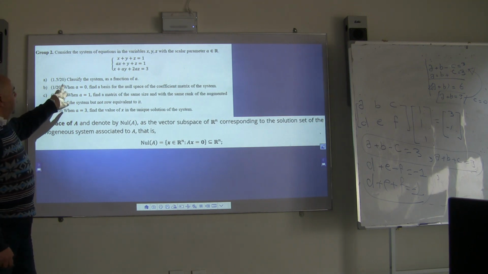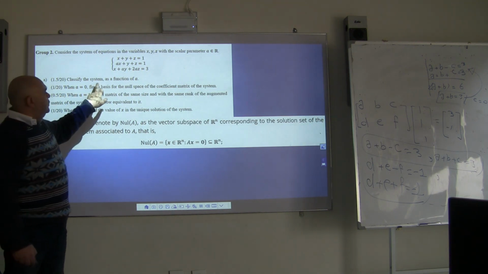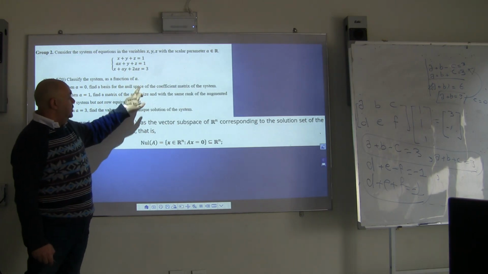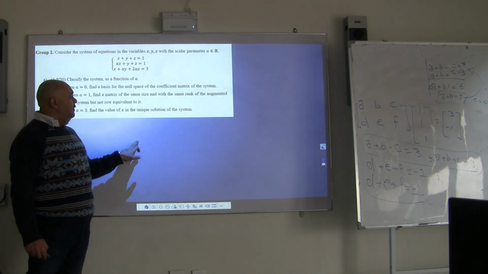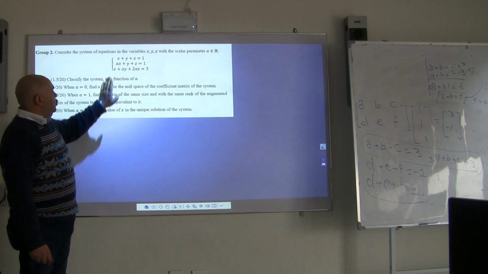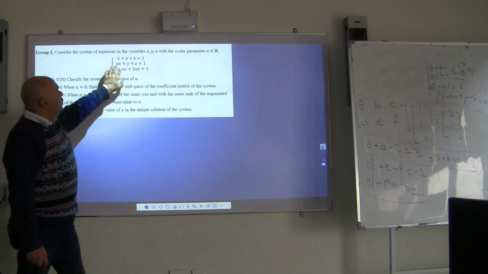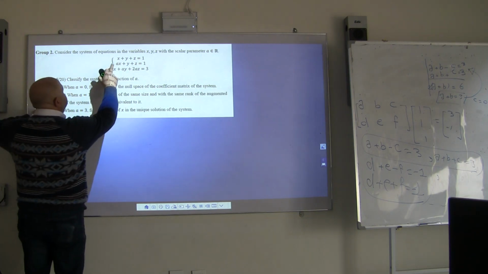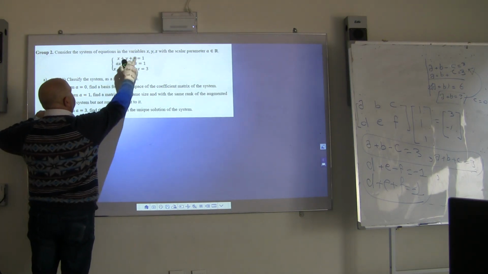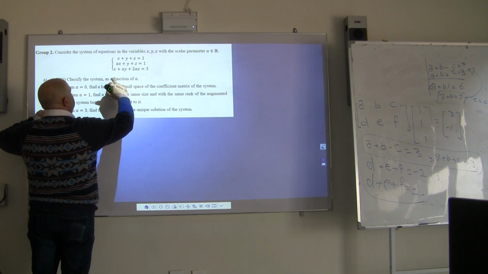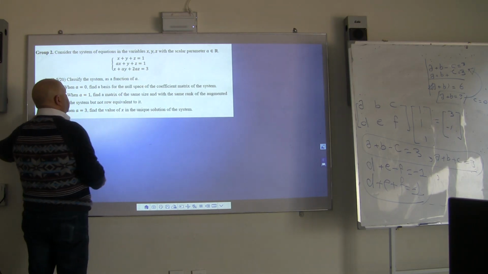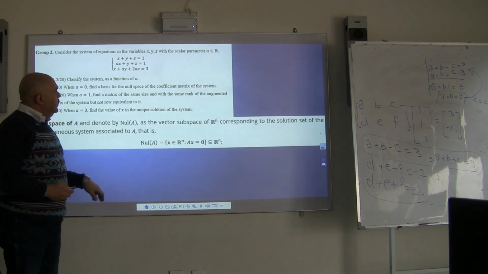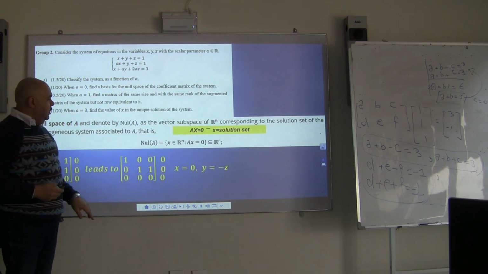He's asking you, when A equals 0, find the basis for the null space of the coefficient matrix. The null space is really very simple. What I have to do is to solve the system, but with b equal to zeros. So I will start by putting these elements equal to 0, x, y, z, and I will try to solve this system for the homogeneous part.